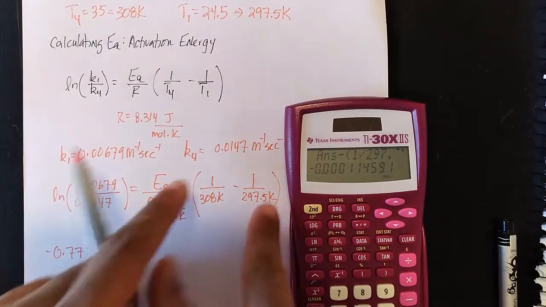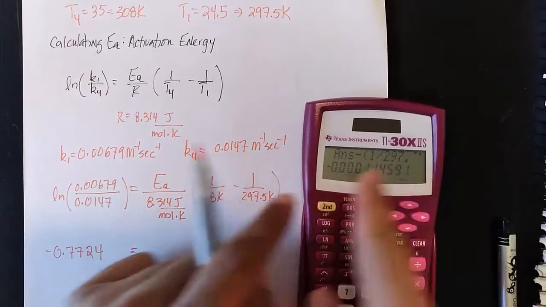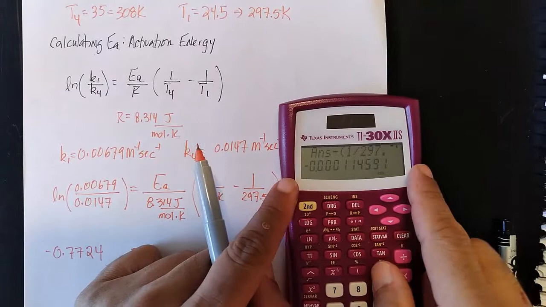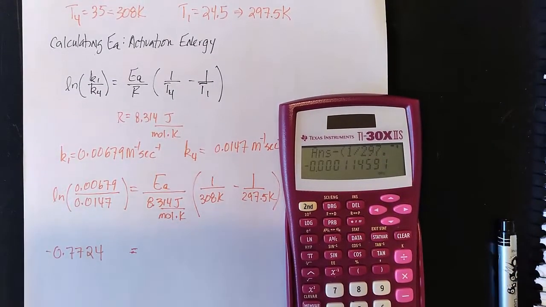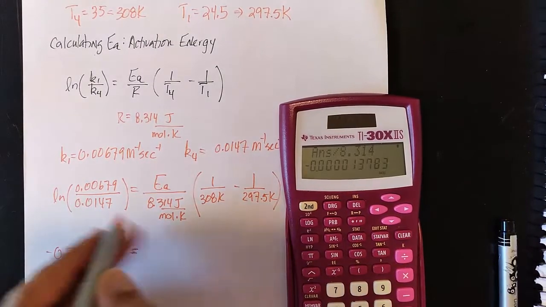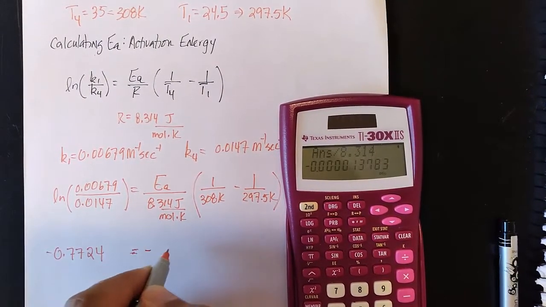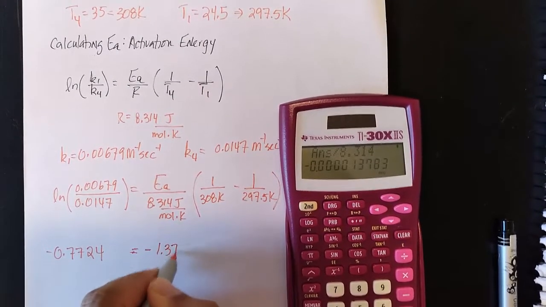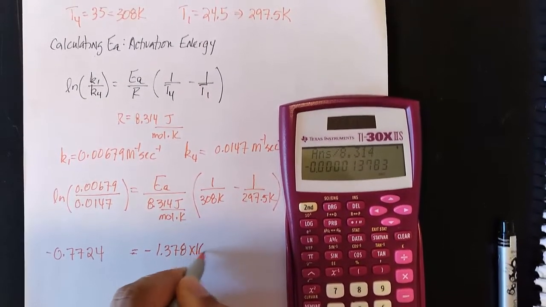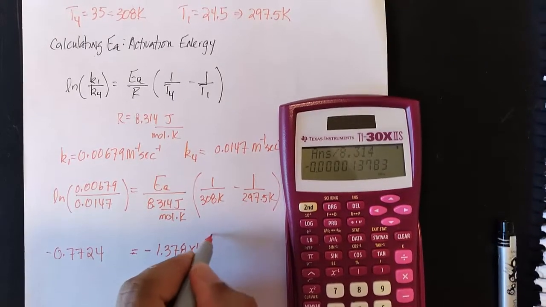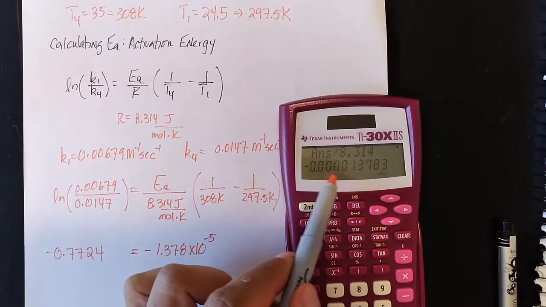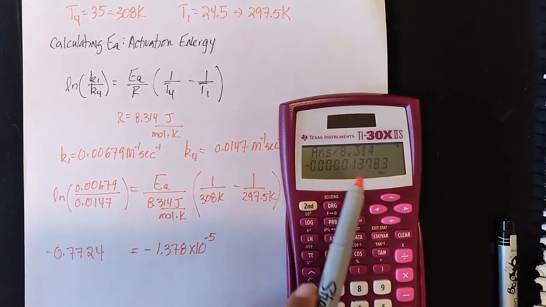So that subtraction is equal to that. I'm going to divide it by 8.314, which is the constant, and we're getting really messy numbers here. 1.378 times 10 to the minus 5, four zeros, so it makes it minus 5.